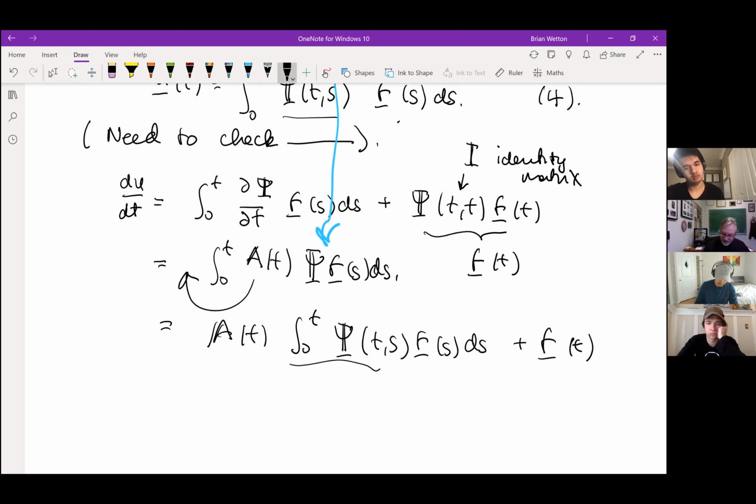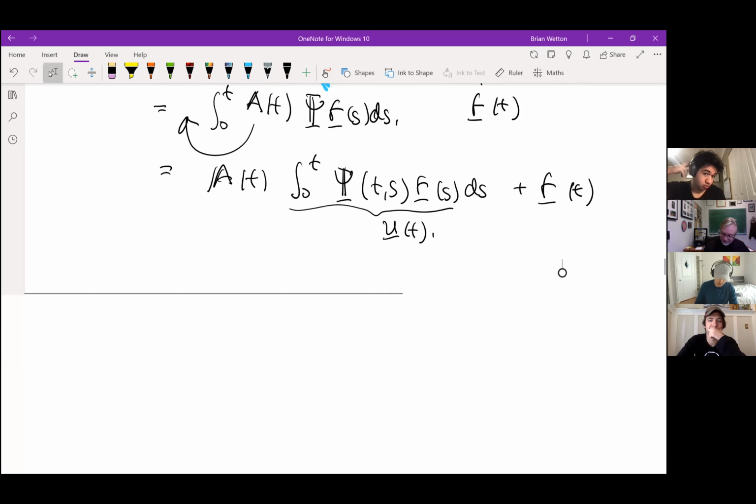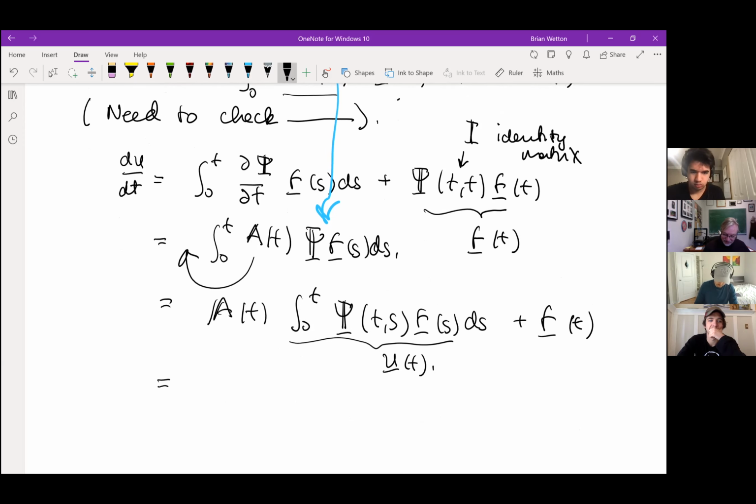And I see I've got exactly what I want. This is what I've defined to be the solution optimistically. And so I get A times u plus f, right?